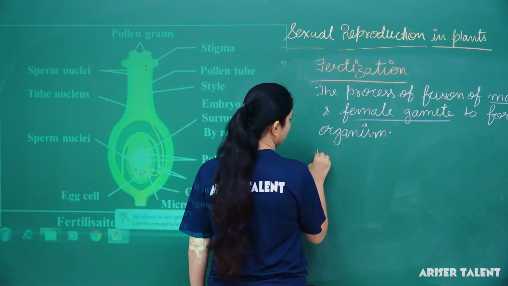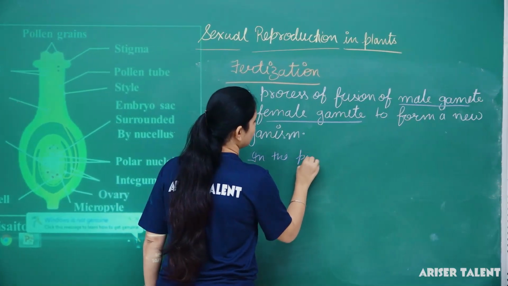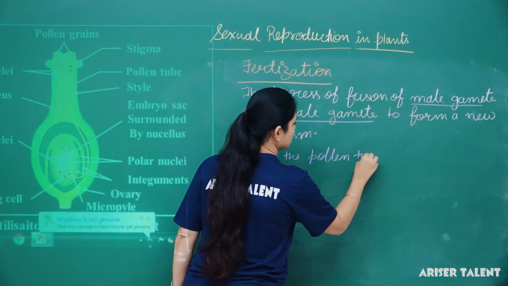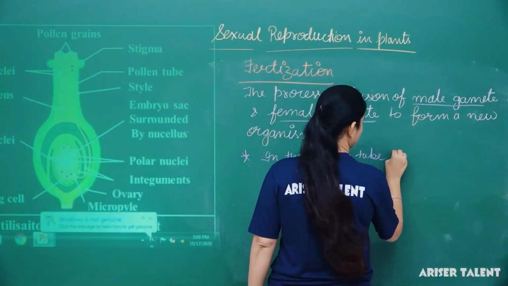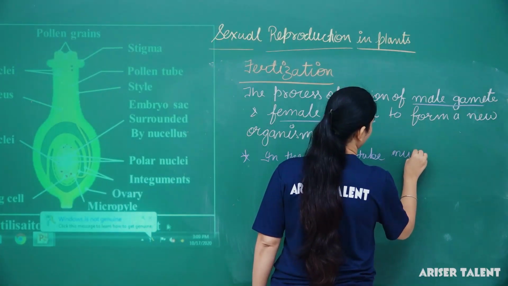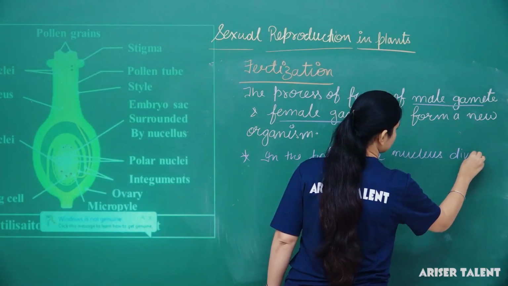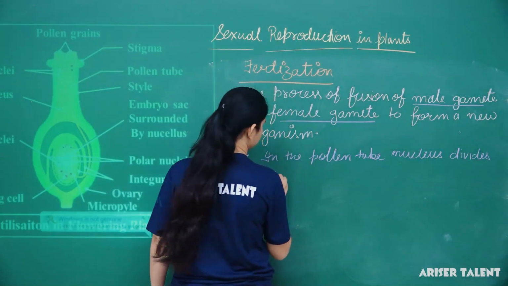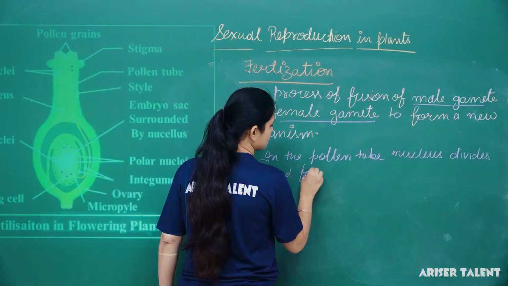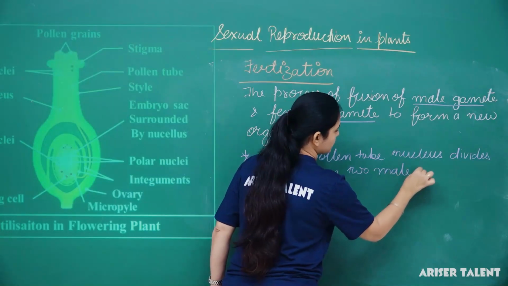What happens? In the pollen tube, the nucleus divides and forms two male gametes.